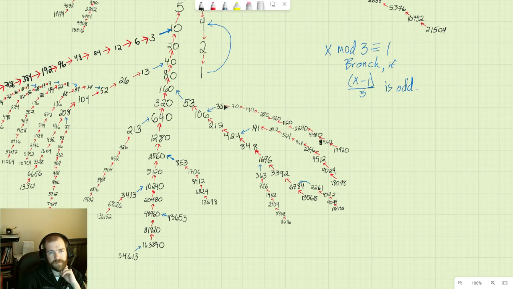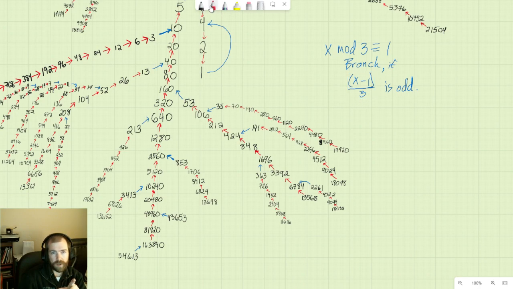But then every time you reach a, what is it? So not 53, but 106, not 35, but 70. This would have been then, right, subtract 1 to get 69, divide by 3, gets us 23.